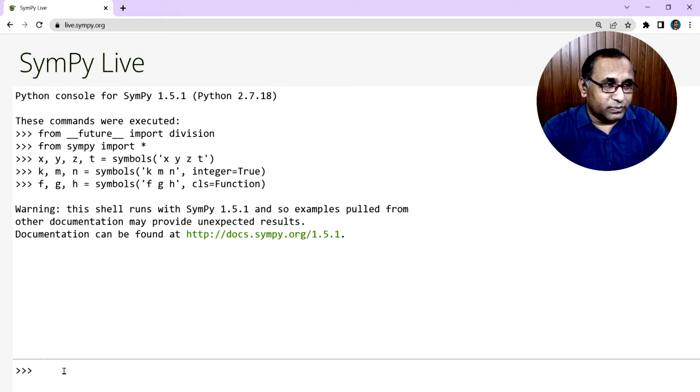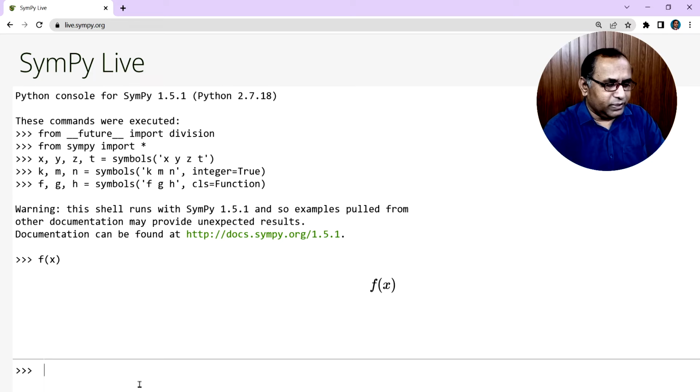So here we need not create undefined functions either. So when you enter f(x), see, this is the symbolic function, which is an undefined function. Yes, the undefined function has appeared.